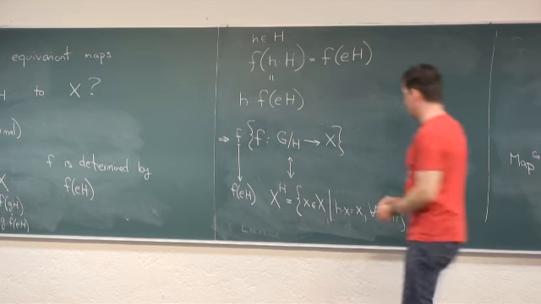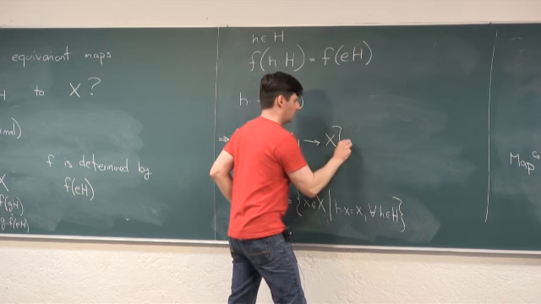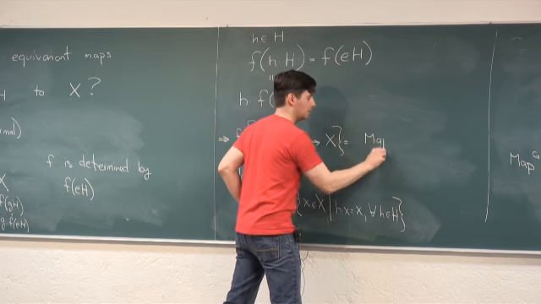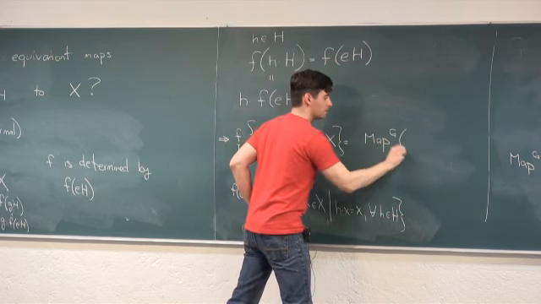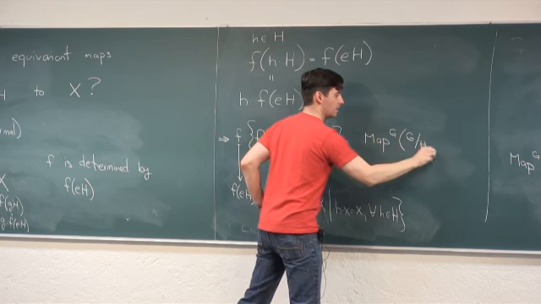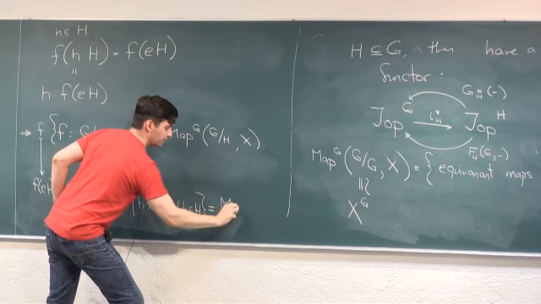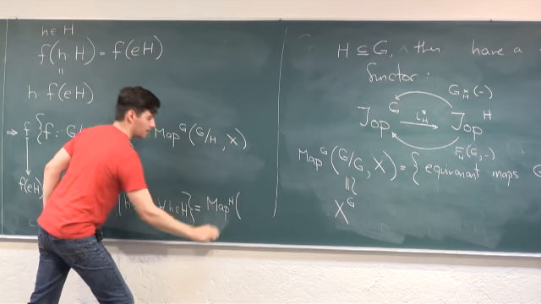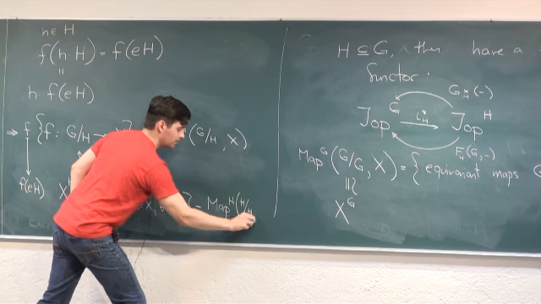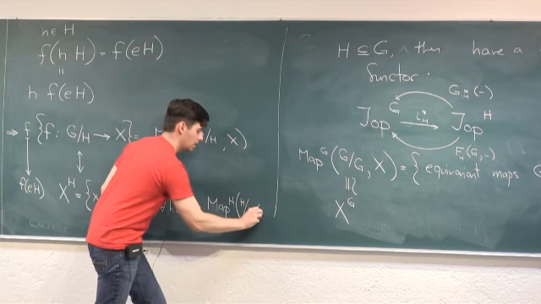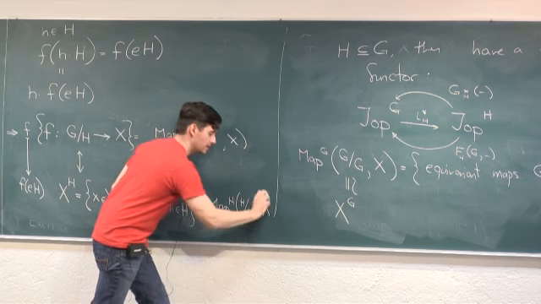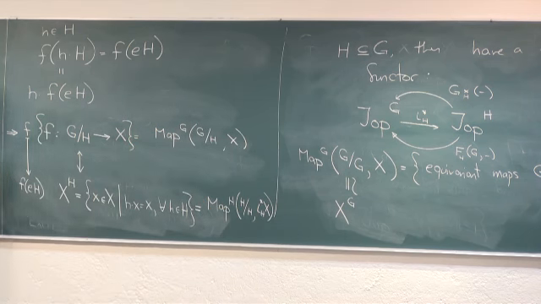So this was, using my new notation, G maps from G mod H into X, whereas this one was H maps from H mod H into X, viewed as an H thing. And I want to be very pedantic here and actually put in the IH upper star. Often I'll end up forgetting to do so in the future.